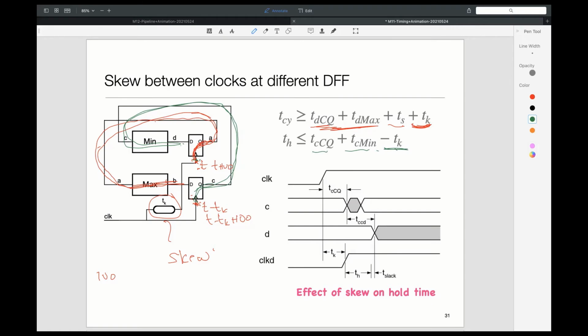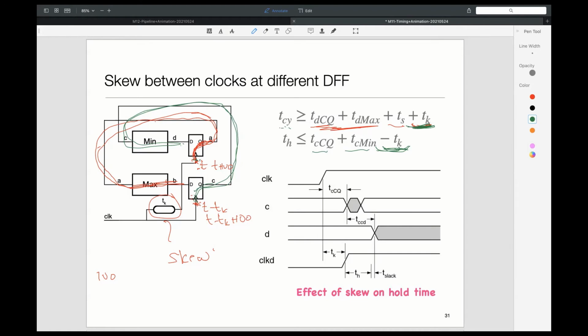On the other hand, if the bottom flip-flop saw the clock later, if TK was negative, then I'm better off, right? If TK is negative, then this term will become positive, and my expression is easier to meet. And if TK was negative, this term would contribute negatively, and again, I can generate a faster clock.